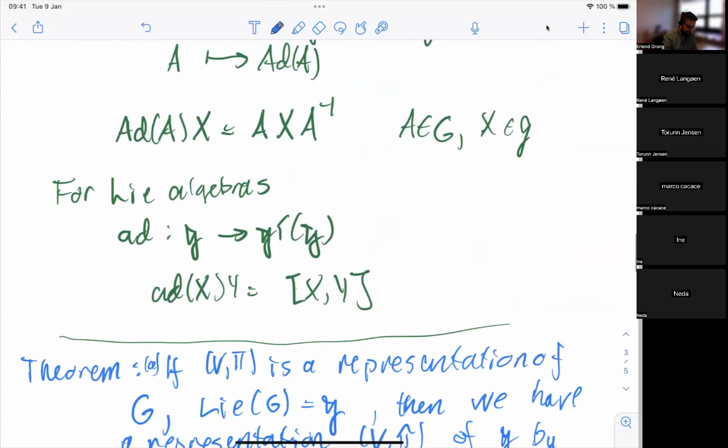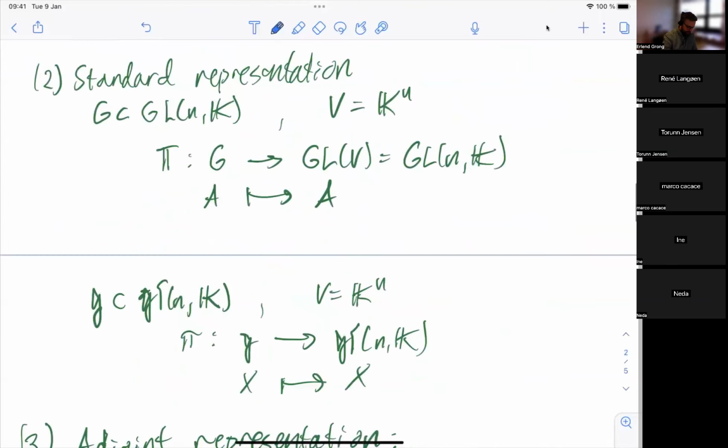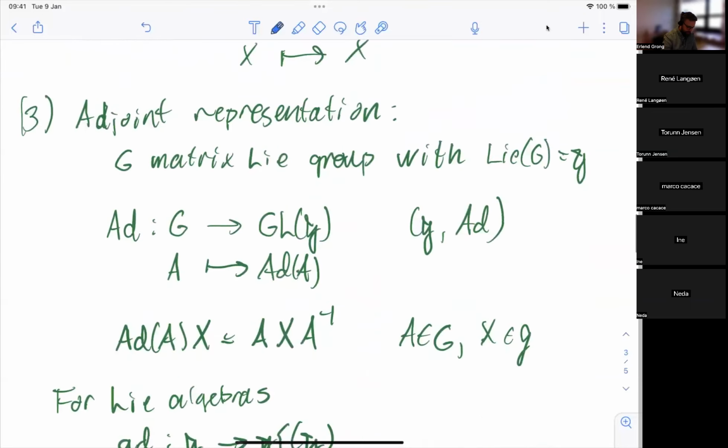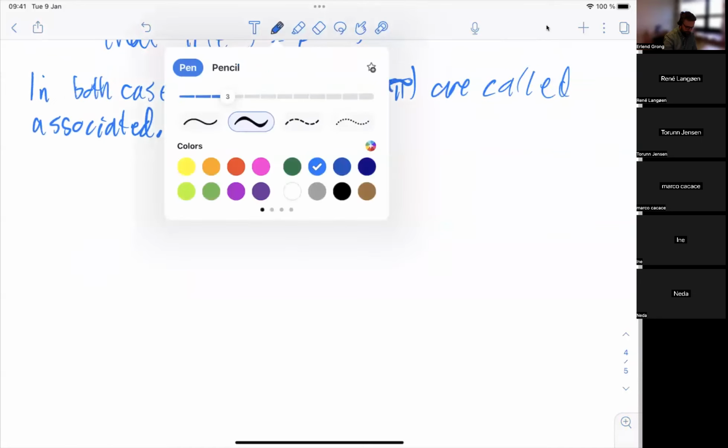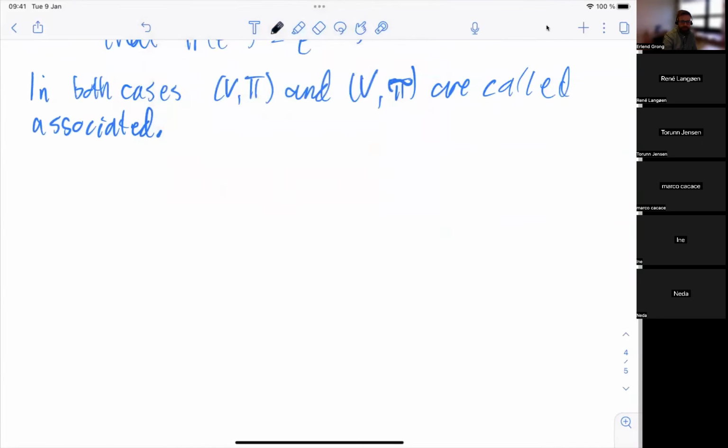And then you can check that all of the representations in my list are associated.